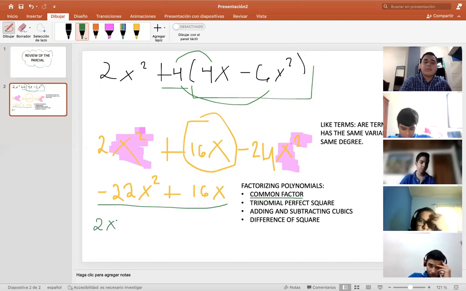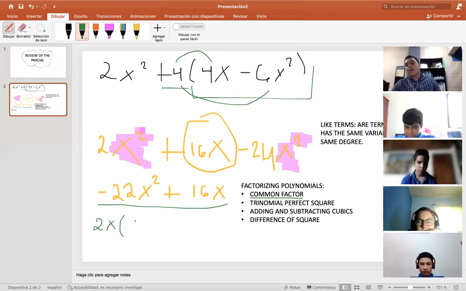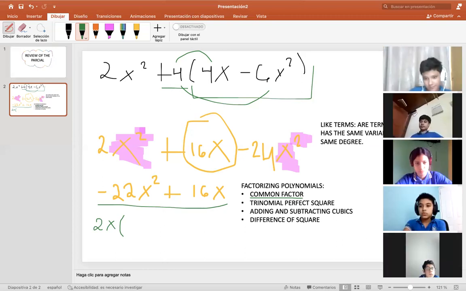So we put 2x, we open parentheses, and if I have negative 22x squared and I take out 2x, what am I going to have inside the parentheses, guys? How much is 22 divided by 2? Yes, 11.